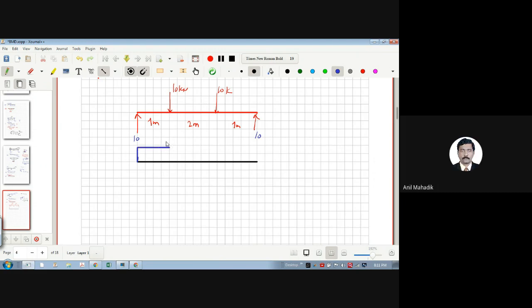Then on the right side, 10 minus 10 is 0. So there will be no shear force in the middle portion, because taking it here, 10 minus 10 is 0. Then it starts from here, and just to the left, the load is downward, so it will come down, negative. It will be like this, so negative, and this positive. So this will be the SFD. Draw the bending moment diagram at home.